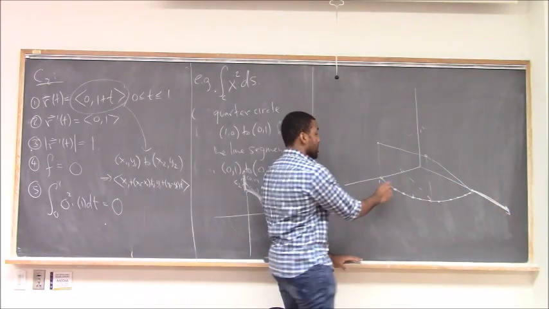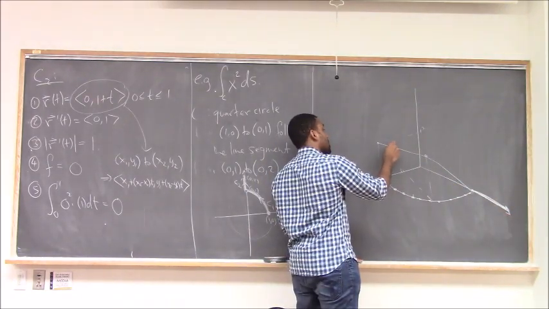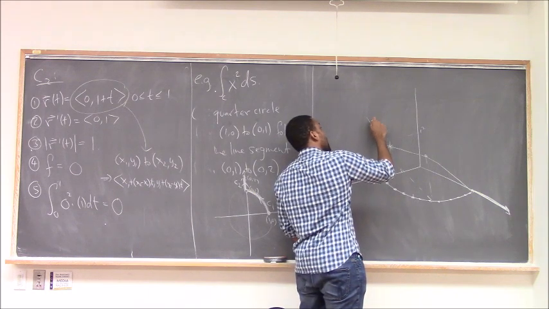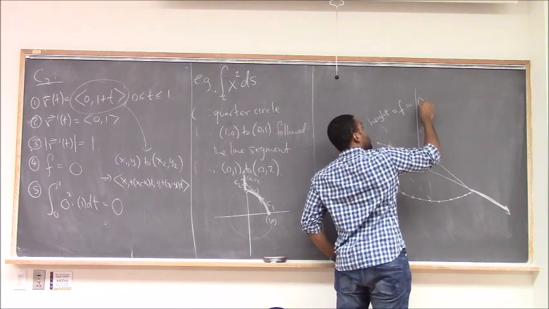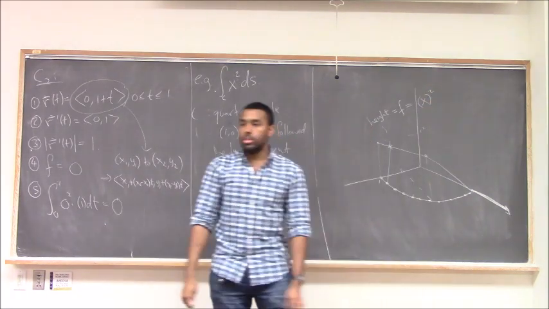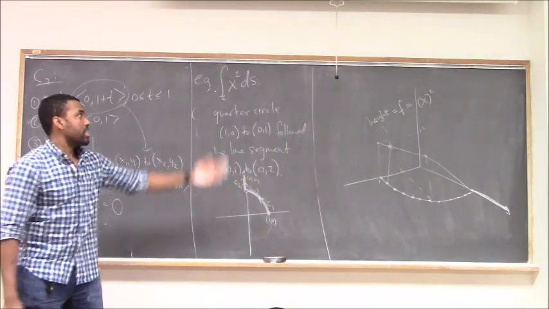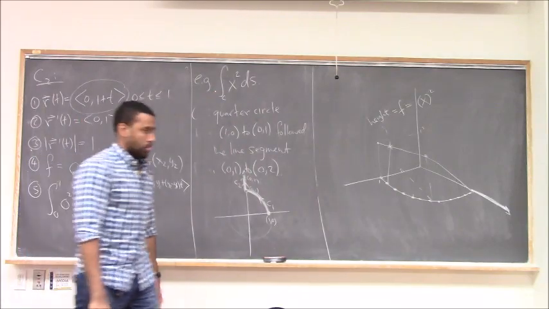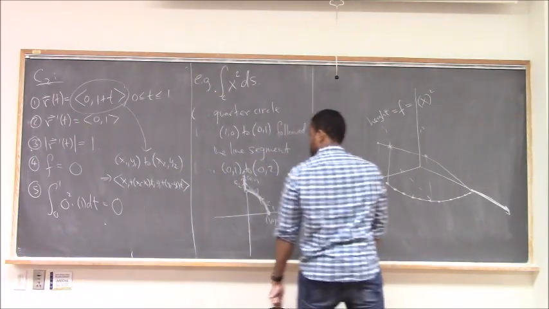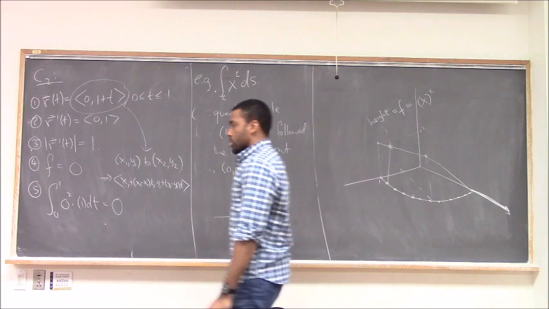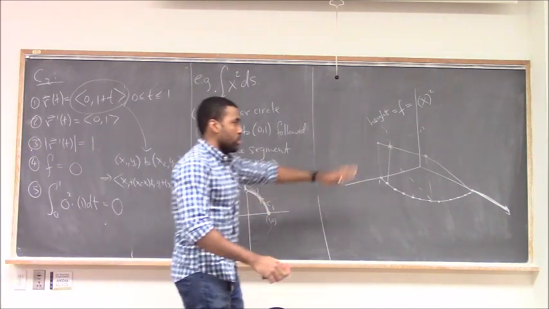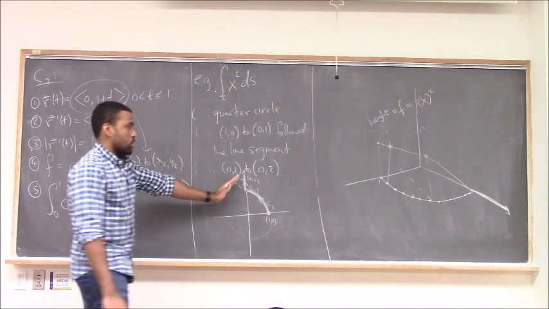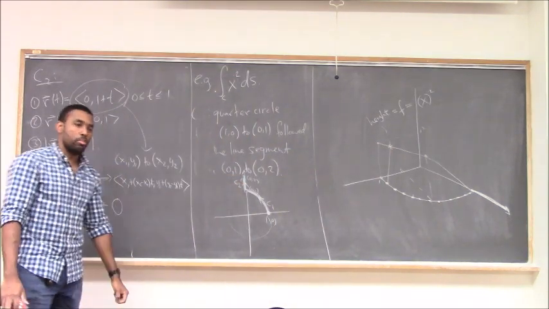That's because the height here is given by f, which is defined to be the square of the x-coordinate. It doesn't have to be that, but in this case, that's what it was. So you can know that something like that is happening, but it's not exactly important for you to visualize this part. You need to visualize this part in order to compute the integral.